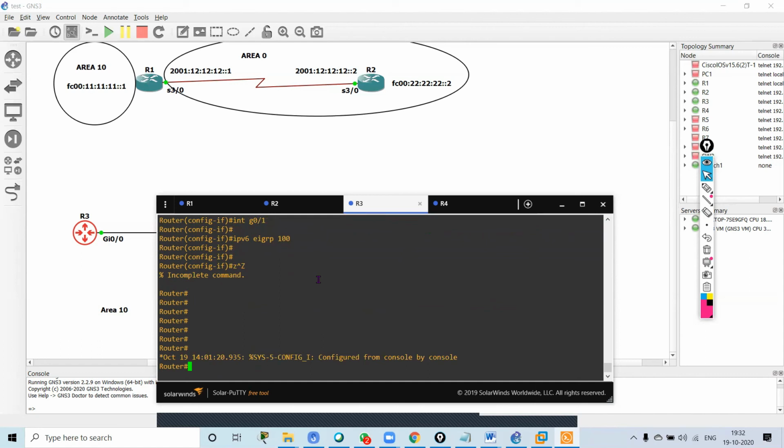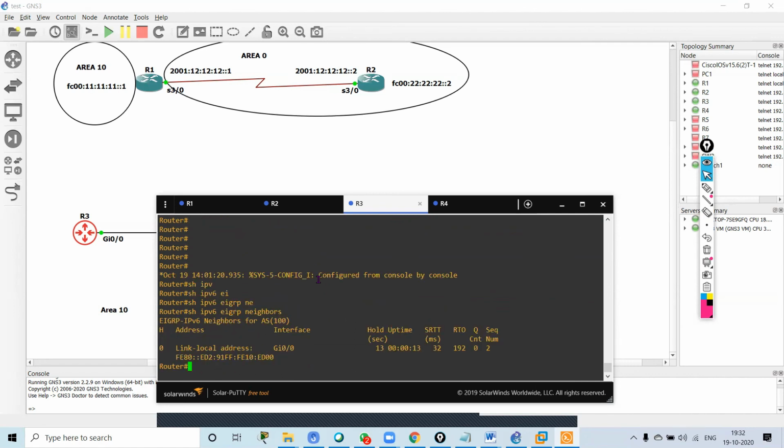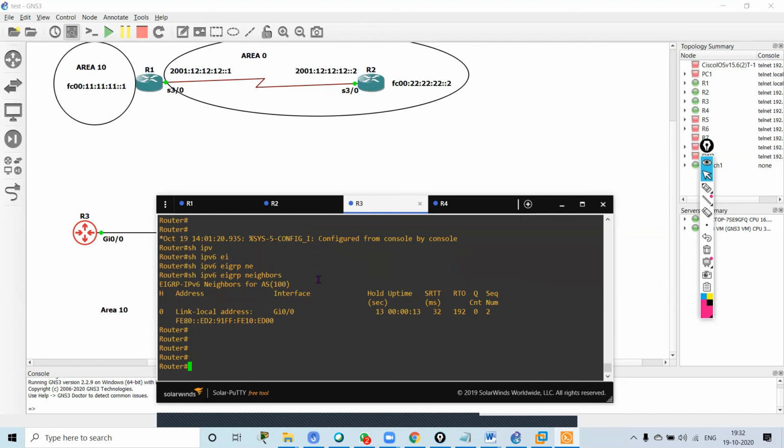Okay. Now I can verify: show IPv6 EIGRP neighbors. See my neighbor, with the link local address.